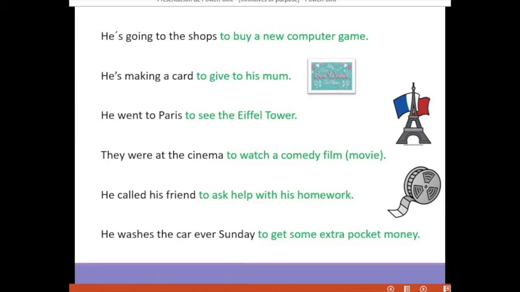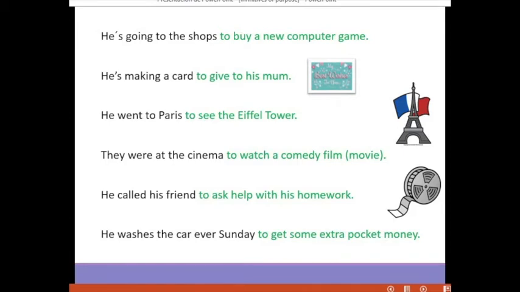Next, he called his friend to ask for help with his homework. Yeah, very good. You can call your friends to ask for help with homework, to work together. And finally, he washes the car every Sunday to get some extra pocket money.